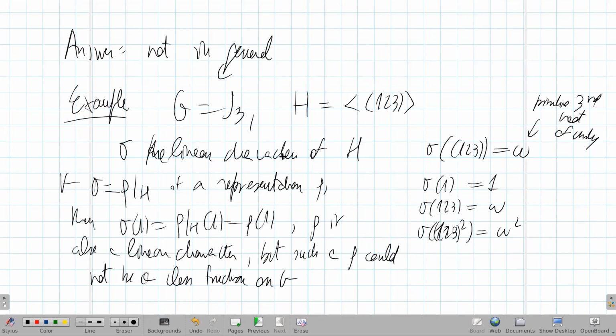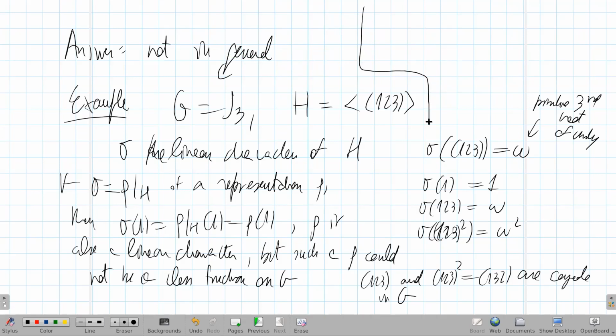It's a linear representation of degree 1, so 1 times 1 matrices. But remember that representations of G are class functions of G, and because (1 2 3) and (1 2 3) squared, which is (1 3 2), are conjugate in G, in S3, the values should be the same. But the values are different.